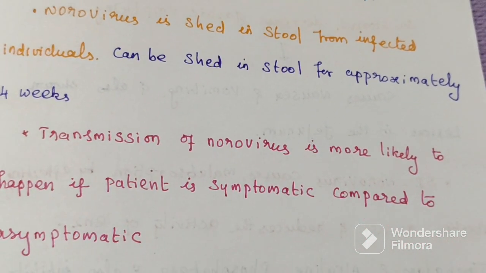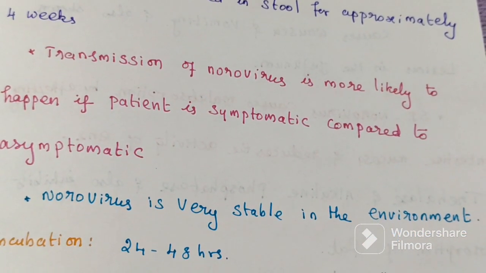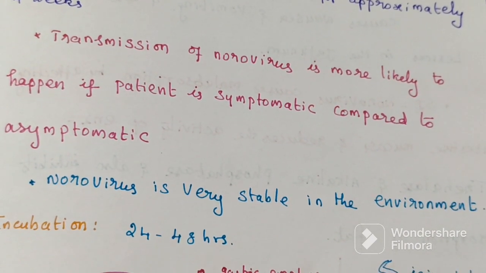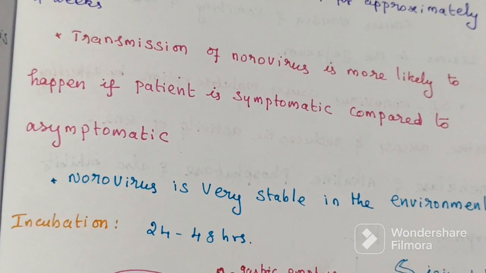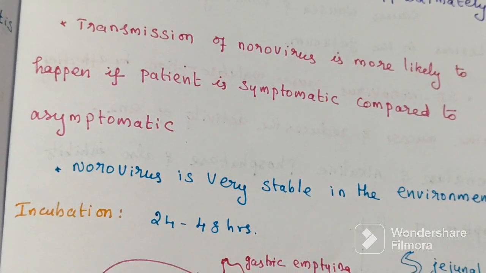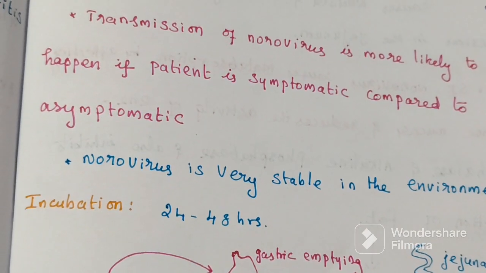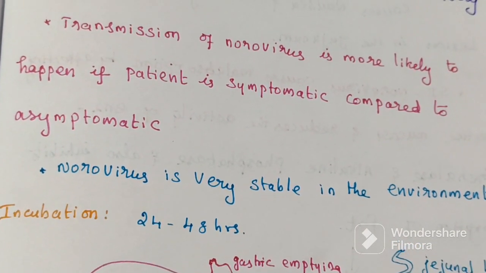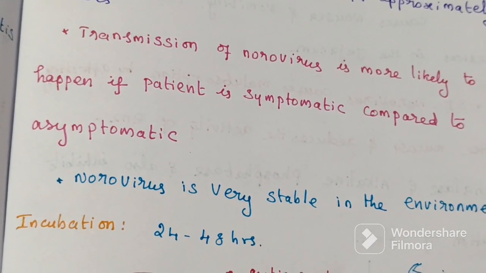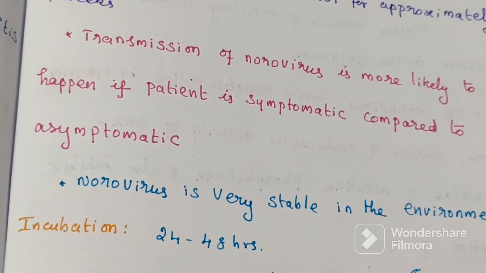Even after an individual has gotten better and resolved the infection, they can still be shedding the virus for weeks. The good news is that transmission is more likely to happen if a patient is symptomatic compared to asymptomatic, but it can still happen if they are asymptomatic.